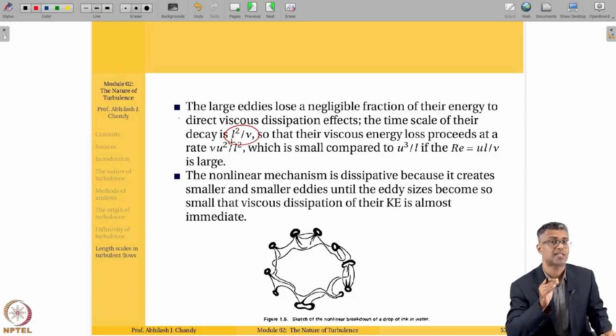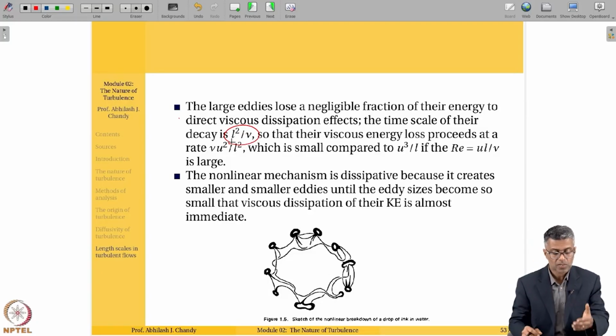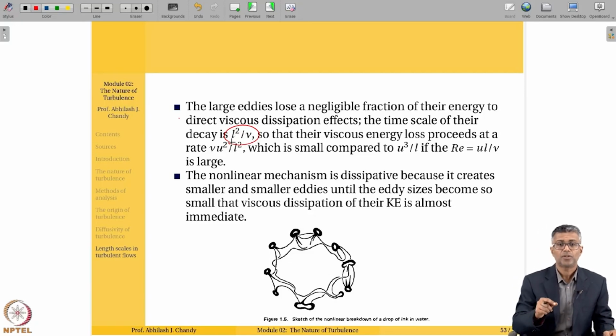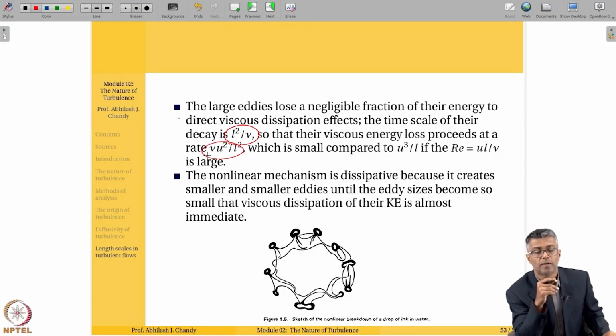See, we never said that it does not exist; viscosity exists everywhere. It exists at the large scales also, except its effect is negligible. So that is clear from this time scale here, which is L squared over nu. And you can say that the viscous energy loss proceeds at a rate that is nu u squared over L squared.